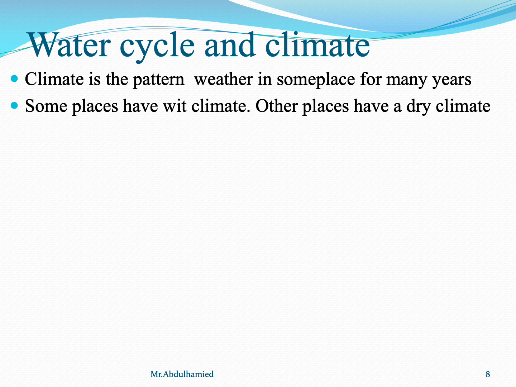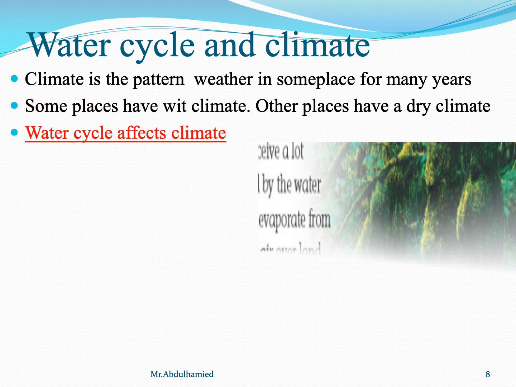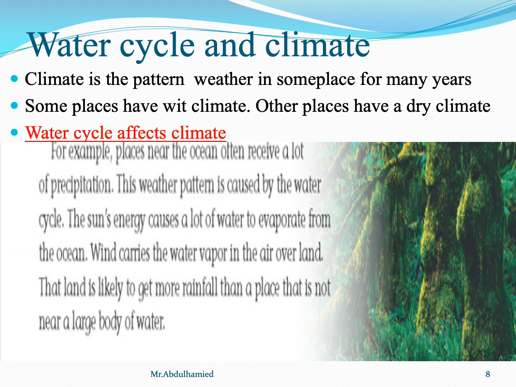Now, how does the water cycle affect climate? For example, places near the ocean often receive a lot of precipitation. This weather pattern is caused by the water cycle. The sun's energy causes a lot of water to evaporate. As we have said, the sun heats the water and causes it to change into a gas called water vapor.